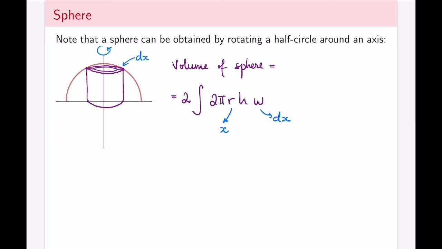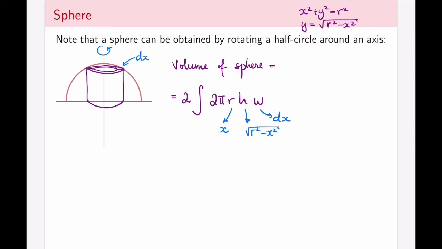So remember from my previous calculations, x squared plus y squared equals r squared is the equation of the circle, which means that if I solve for y corresponding to the top half of a circle, I get the square root of r squared minus x squared. So this is exactly my height: r squared minus x squared, all square rooted.